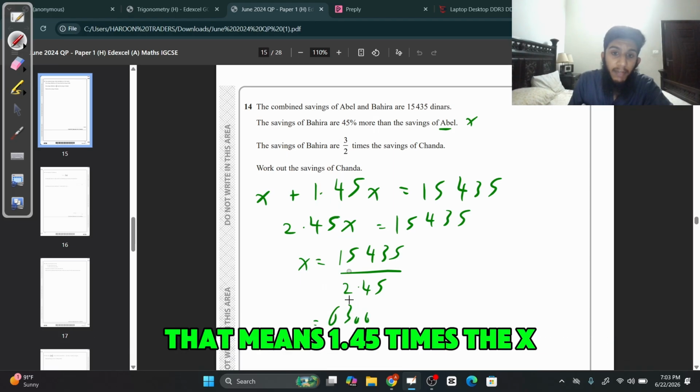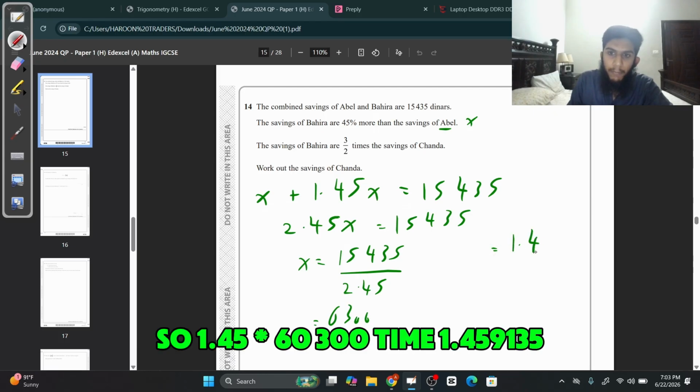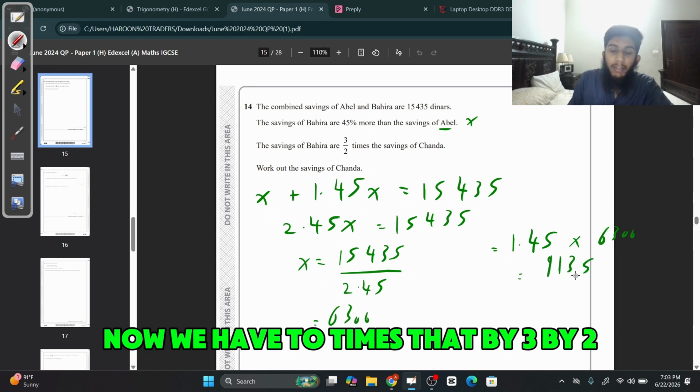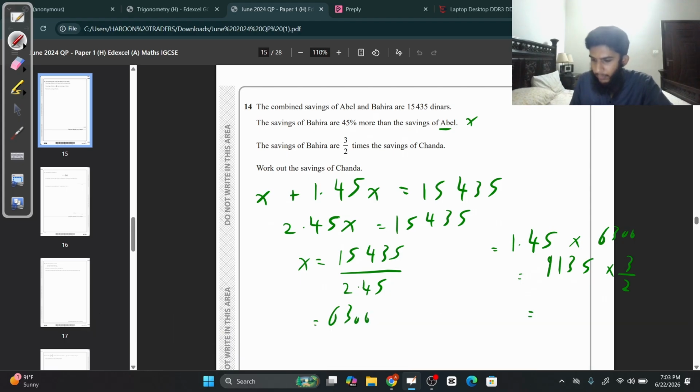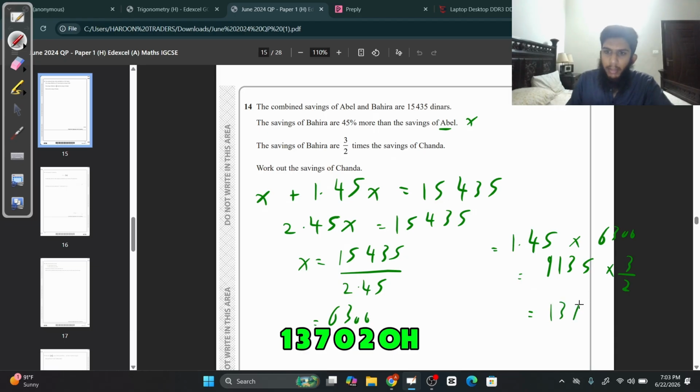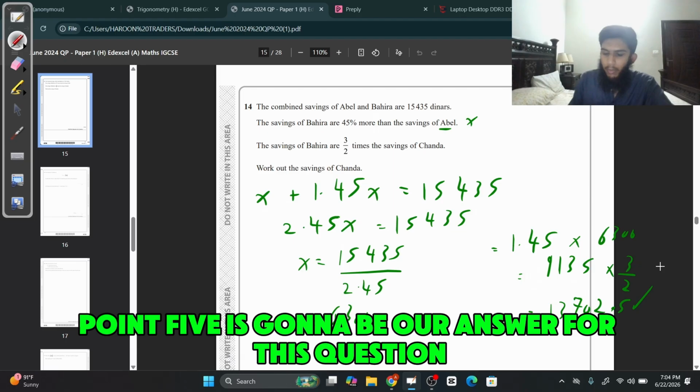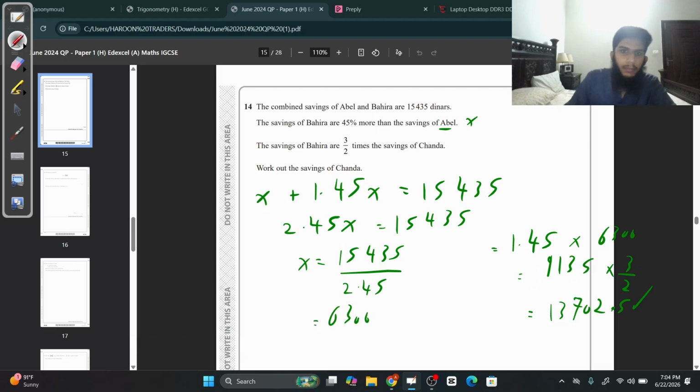That means 1.45 times the x. So 1.45 times 6,300 is 9,135. Now we have to times that by 3 by 2, so we can get the savings of Chanda. So times 3 by 2, 13,702.5 is going to be our answer for this question.